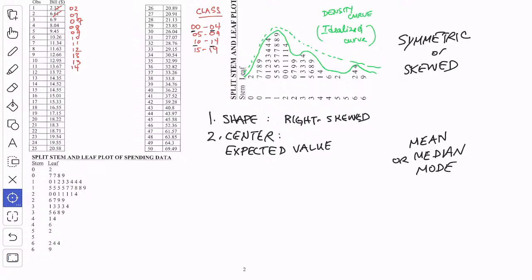Which would better represent what to expect from the next shopper? Let's say you were anticipating, for budgeting purposes, you want an idea. This was just 50 consecutive shoppers.